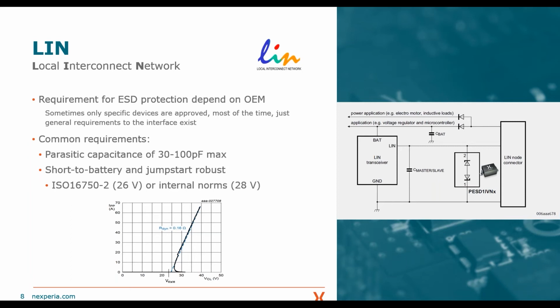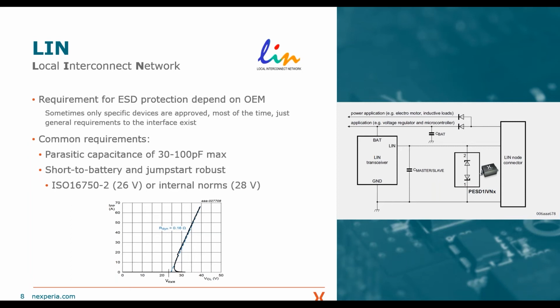There is this ISO norm which says the ESD protection device is not allowed to be activated below 26 volts. There are also internal requirements which say not below 28 volt.